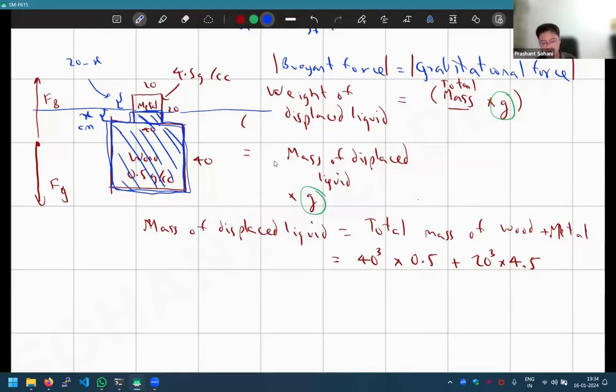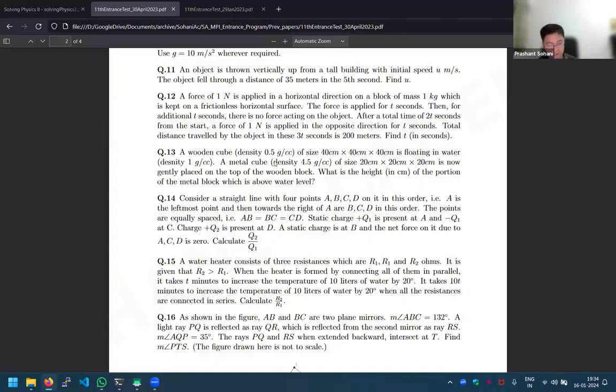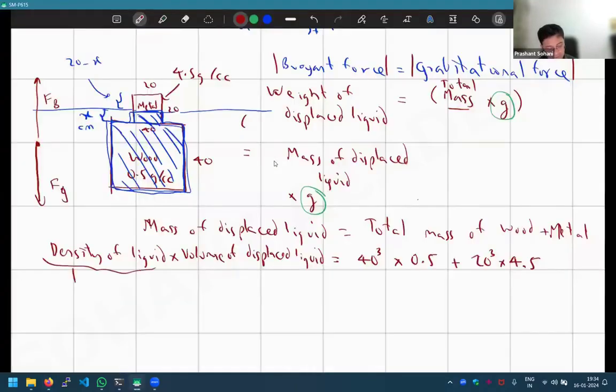That will be the left hand side, correct? So this can be written as, again, density of liquid into volume of the displaced liquid. And I think the density is given to me. Density is given as 1 gram per cc. So this is simply 1 times.